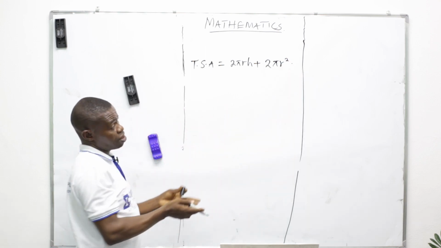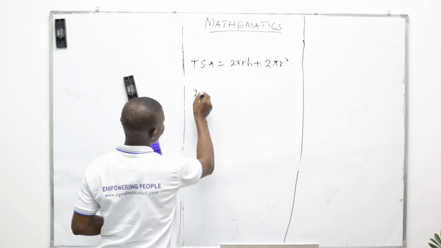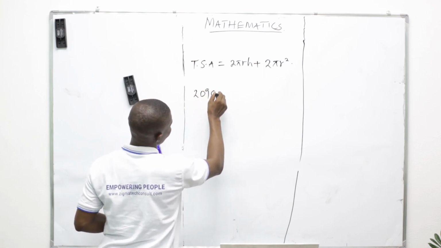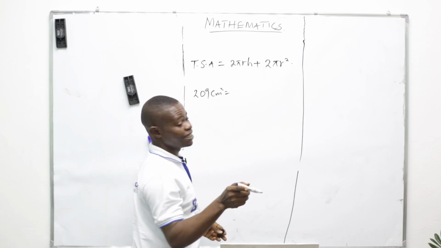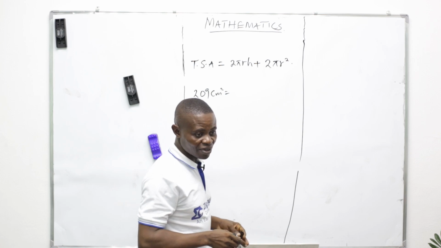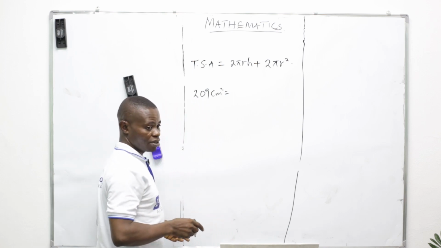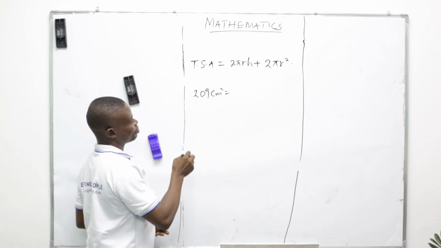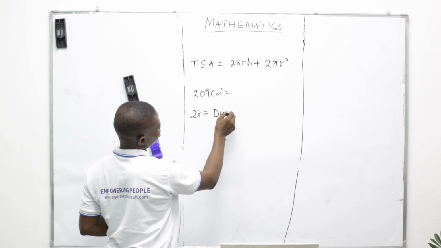Good. This is all you need. When you need it, you have 209 cm² already given to you, equals who? We are interested in the what? The height. So what's the radius? Okay, diameter was given, not even a radius. Now recall that 2r equals diameter.